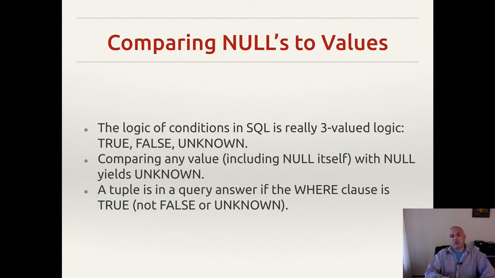Anytime you have an attribute in the selection, so meaning like in the where clause, what you're deciding to select the tuples by, nulls will not come up the same way as a true or a false, because they're a different thing. It's actually an unknown. It's not the same as a false, and it's not the same as a true. It's actually its own thing.